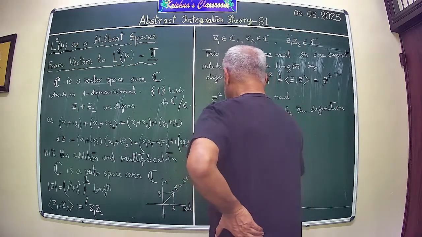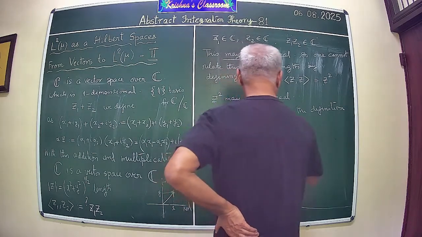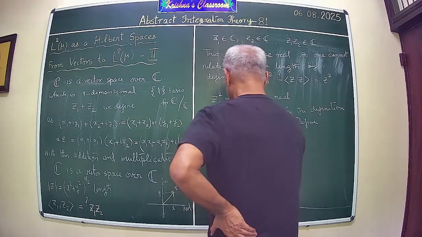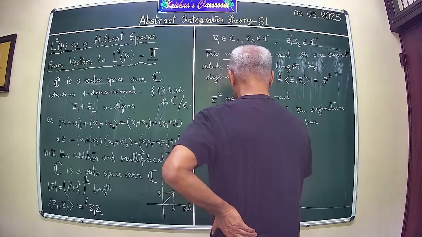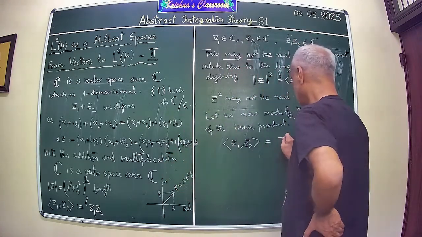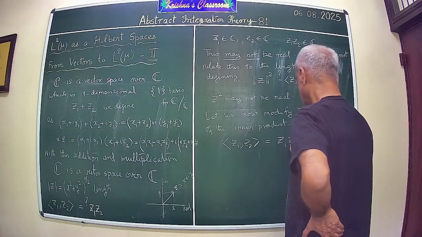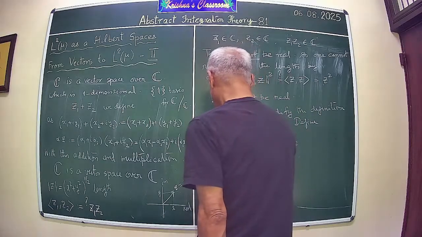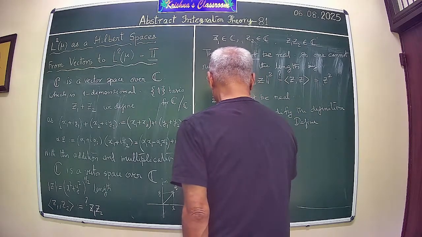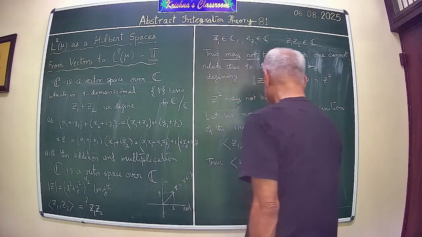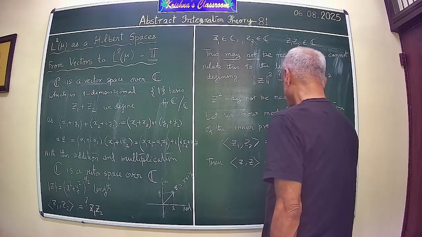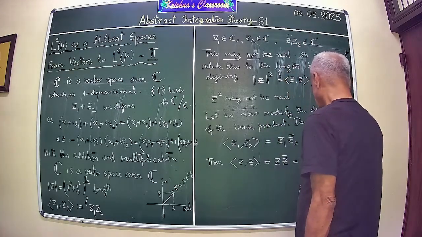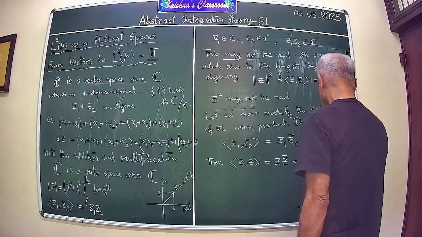What we do is define it as equal to Z1 times the conjugate of Z2. Then Z dot Z becomes simply mod Z squared, which is real.